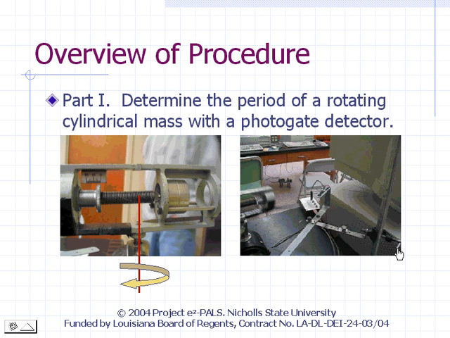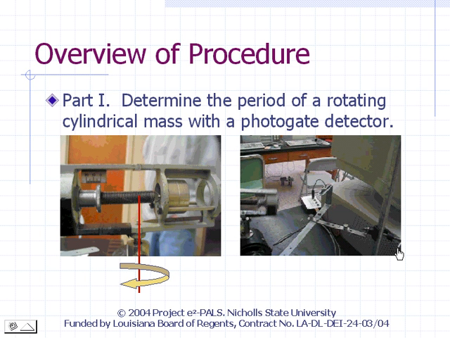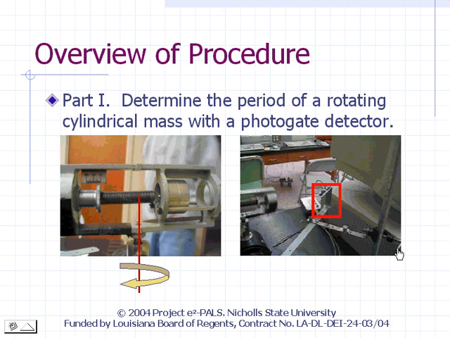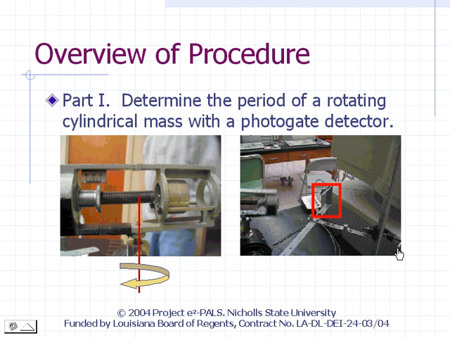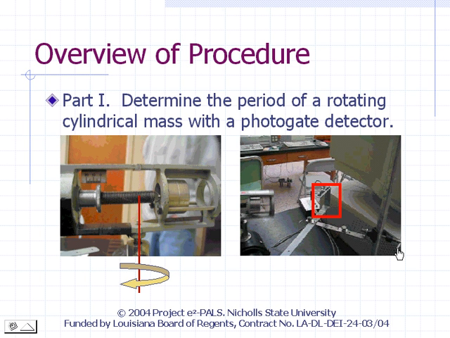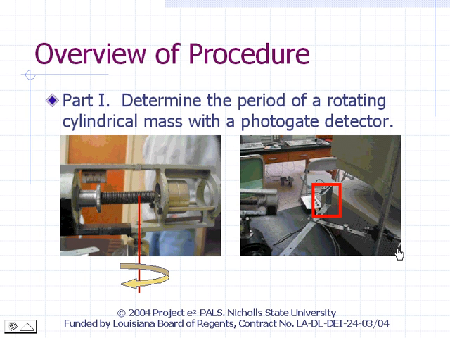Set up the apparatus so that, as it is rotated, the opaque piece of plastic passes through the photogate detector, once for every revolution. The electrical signal from the photogate detector, which is monitored by a computer, changes every time the opaque piece of plastic passes through it. That is, once per revolution. Time between these changes is determined as the period of the revolution.